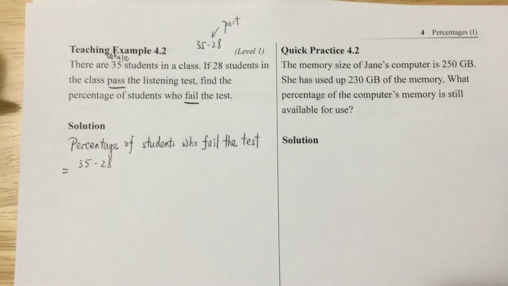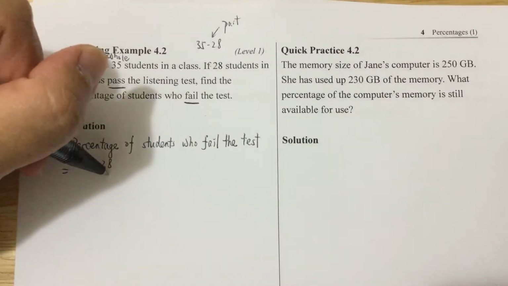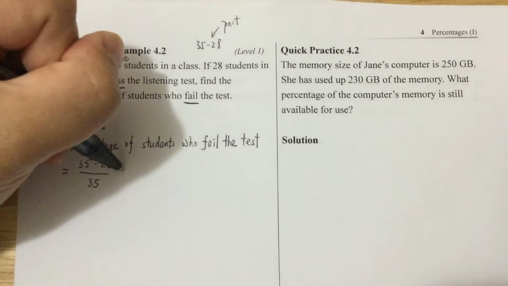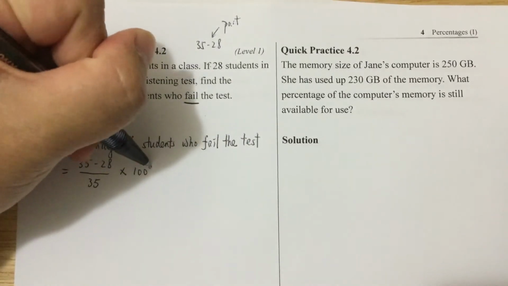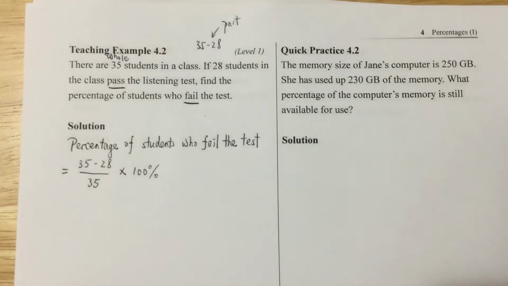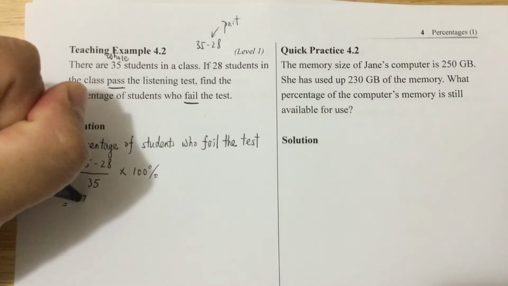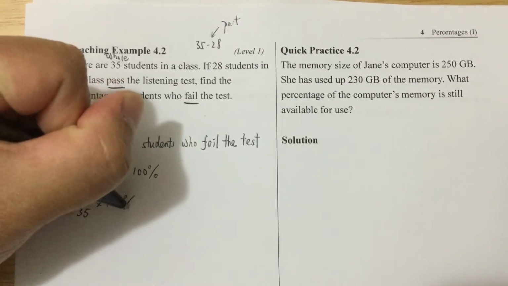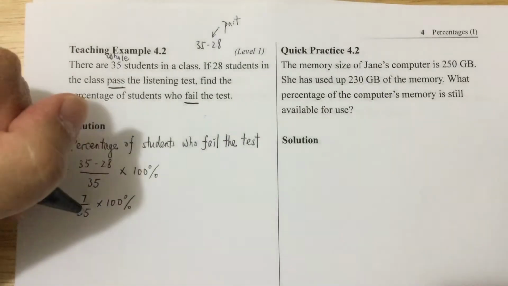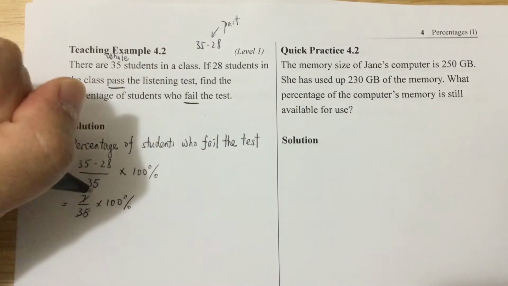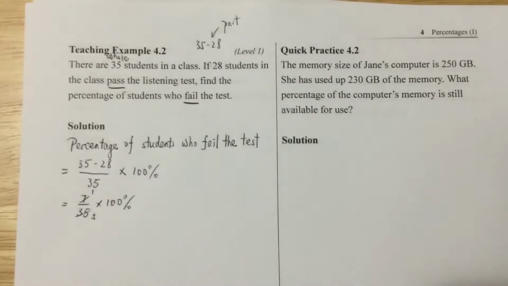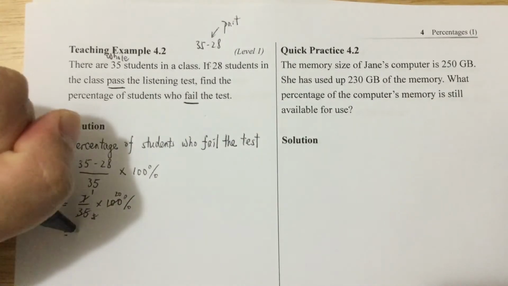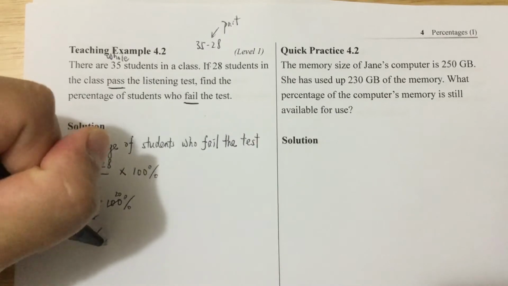That is only 7 of them fail in this test. Over 35, that means the total one, times 100%. So you have 7 over 35 times 100% here. And then we do the cancellation, 35 and 7, you have 1 and 5. And then 5 and 100, you got 20. So the answer is that 20% of them fail in this test.